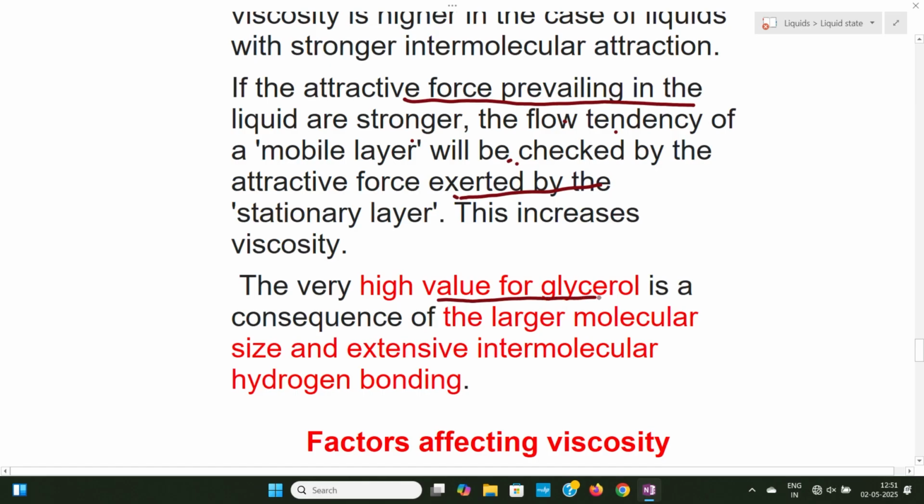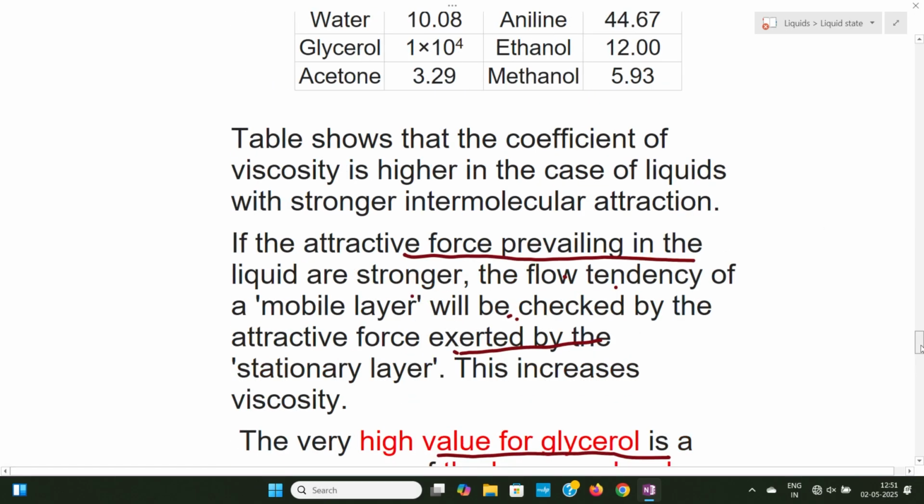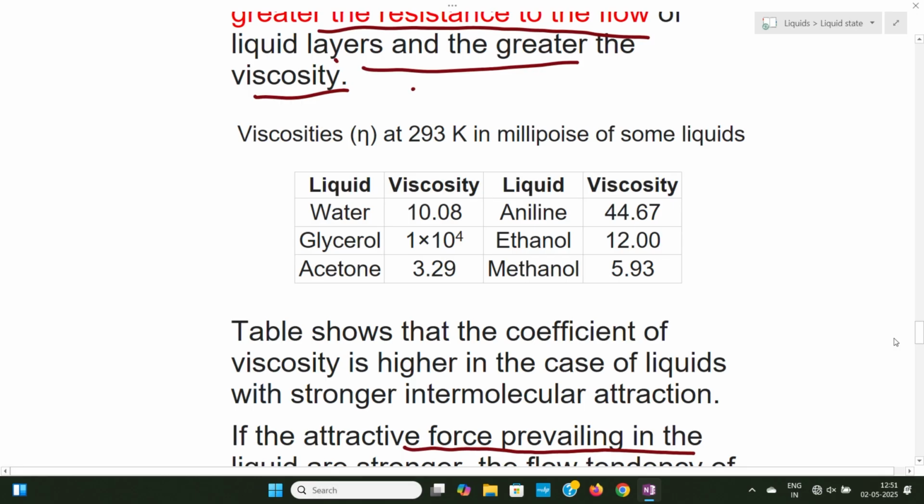So, the stronger the intermolecular attraction, the higher the liquid viscosity. The very high value for glycerol is a consequence of larger molecular size and extensive intermolecular hydrogen bonding. All these liquids have some strong intermolecular forces, but compared to all the others, glycerol has a higher value.